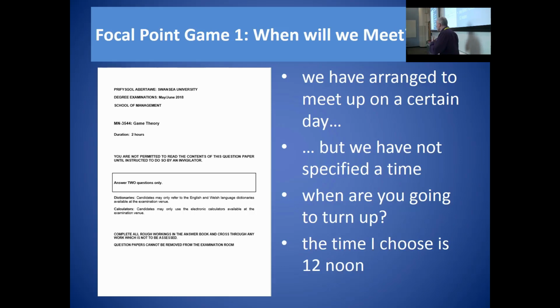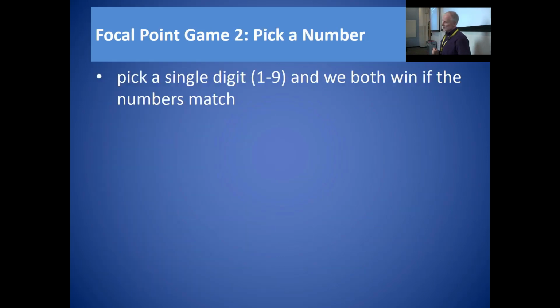Something in our psyche makes certain outcomes more likely. Again, it's another example of a focal point. I'm going to play a few more games now just to reinforce this idea.